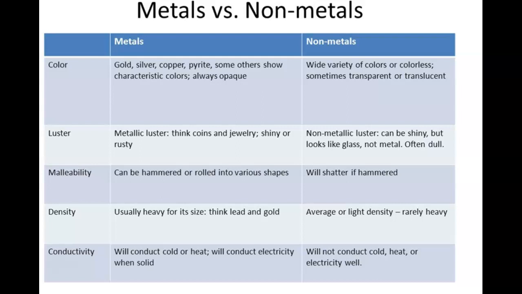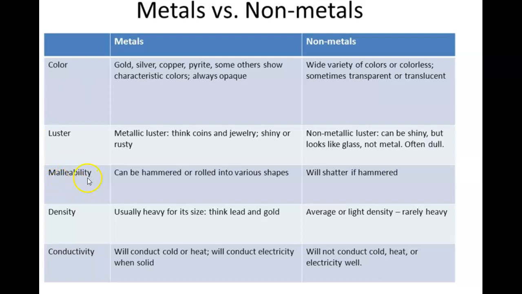Usually they are silver or gold or like copper, something between red and yellow. Some others show characteristic colors, but they are always opaque. They have a metallic luster. What does that mean? You can think about a coin or jewelry. So they are shiny, or iron can be rusty if it contacts water or oxygen.